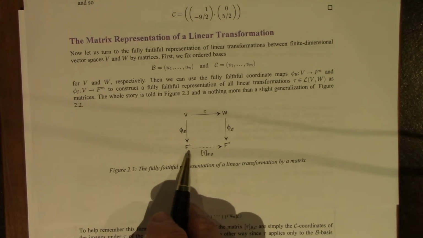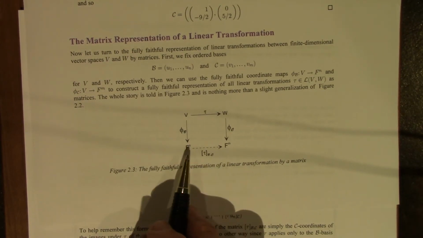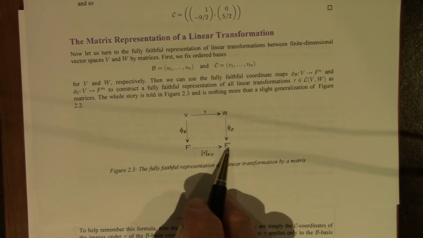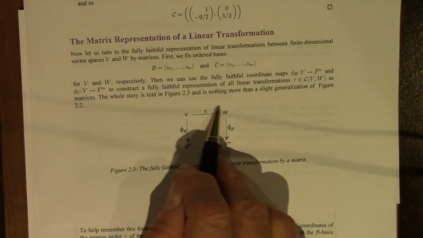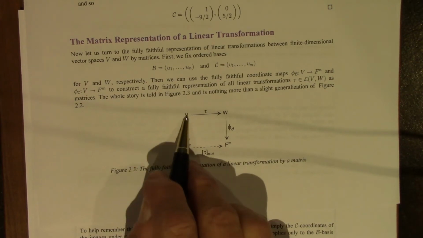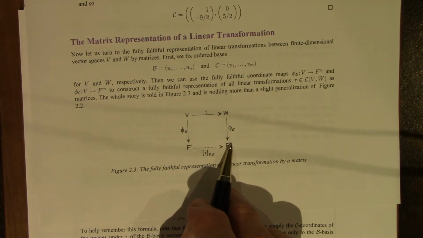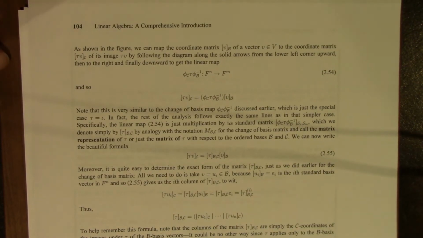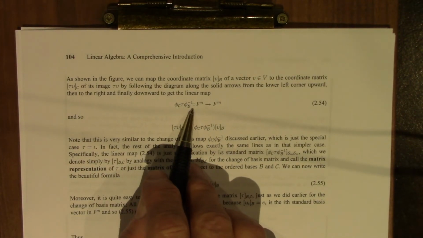So this dotted arrow is a map from Fn to Fm, and it is found by following this square. We take phi sub B inverse, then apply tau, then apply phi sub C. So that looks like this.